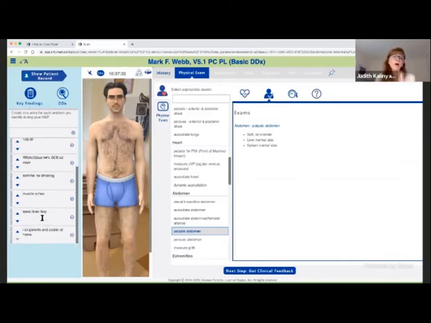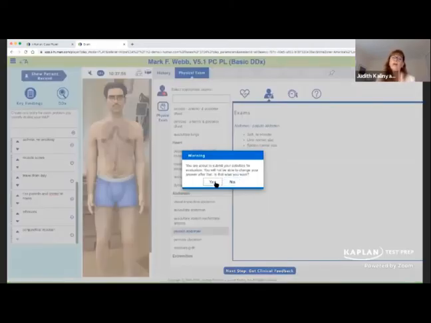No. So on my risk chart here, my key findings, we probably want to put those wheezes, the conjunctival injection.